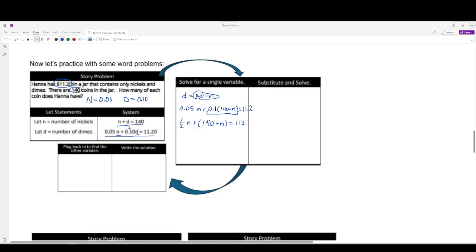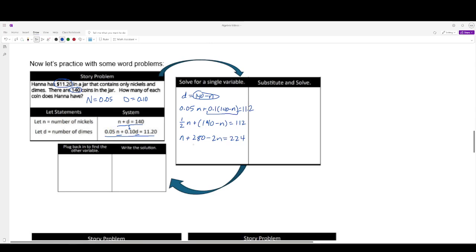Now, if I want to get rid of this 1/2, I could multiply everything by 2. I think I'll go ahead and do that. So we get n plus 280 minus 2n is equal to 224. So now that the parentheses are not necessary, we're multiplying all 4 terms of the equation by 2.